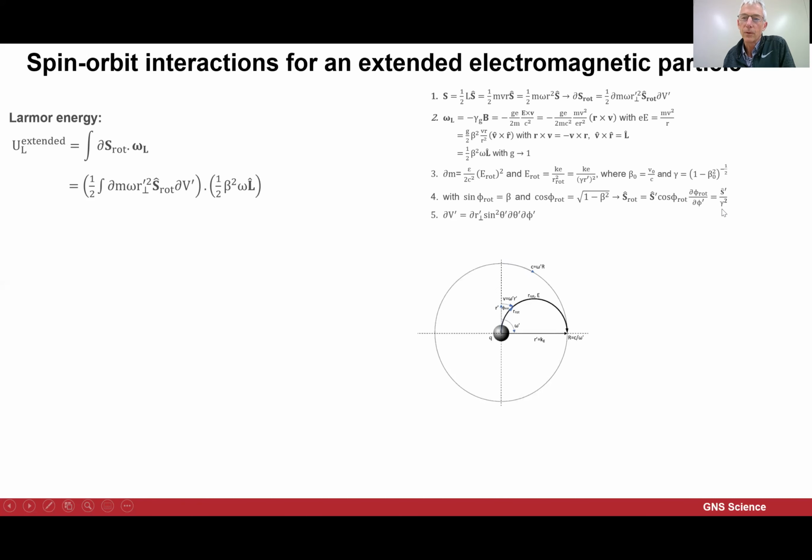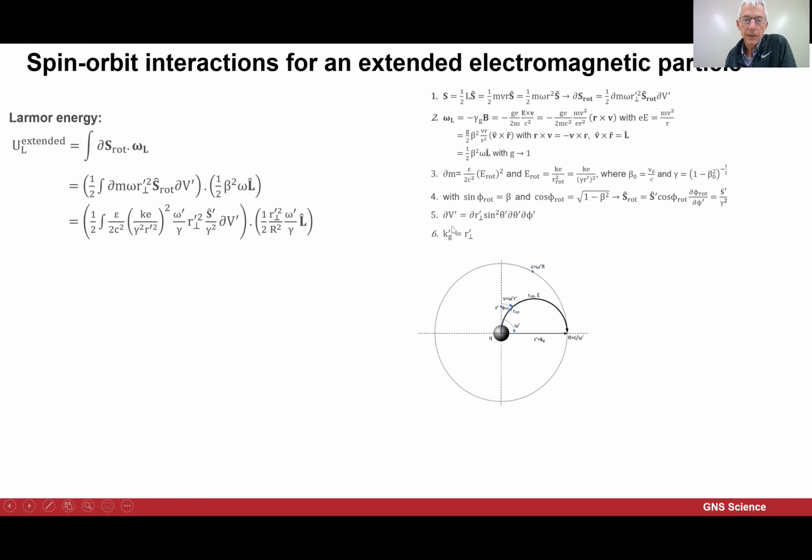And then our volume element is given by the usual expression in spherical coordinates. The radius which we use is in the rotating plane, the plane of rotation, which is basically the radius of gyration that we need to consider.